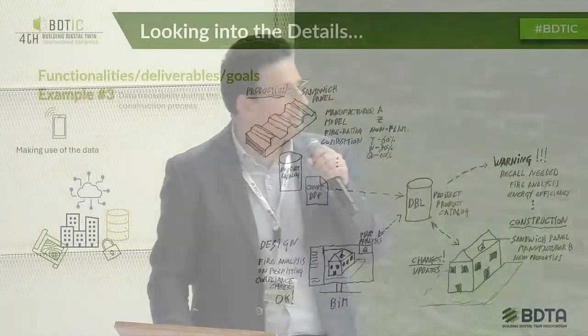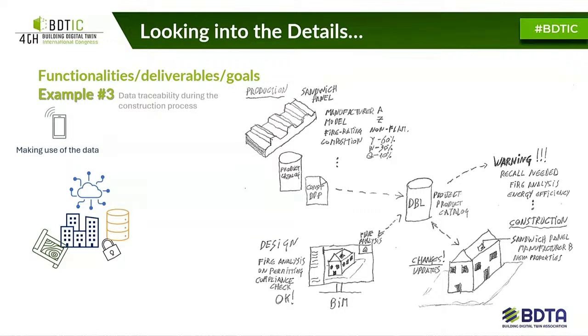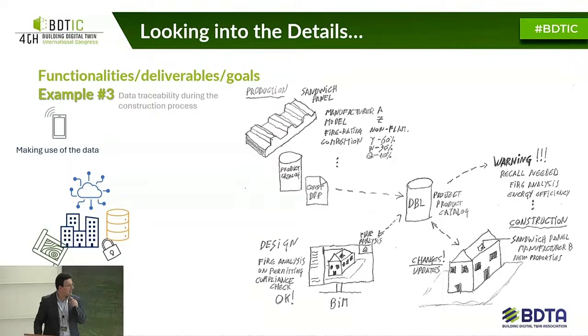So eventually we have a product that is not flammable during the design, so we run a compliance checking and it is okay, but then there are changes during the construction, and we change from manufacturer A to manufacturer B. There are new properties, and we should have a warning that a recall is needed because the compliance might not be granted. And I'm not going to enter into details because those that are from Spain and from UK know what I'm talking about very recently.